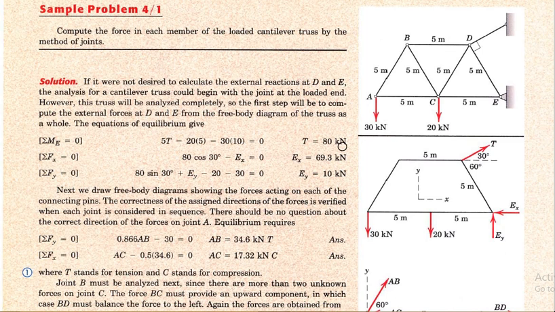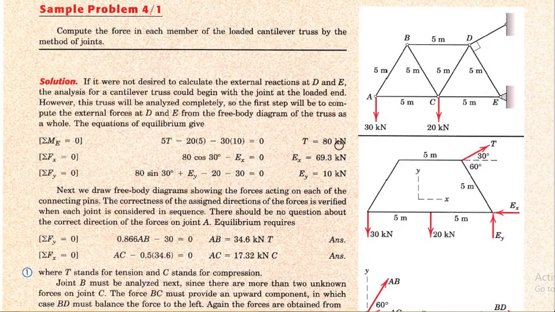So first of all we have to find each point individually so that we can solve for other points as well. First of all we have to find the moment at point E, which is equal to 5 distance multiplied by tension, minus 20 multiplied by 5, minus 30 multiplied by 10.